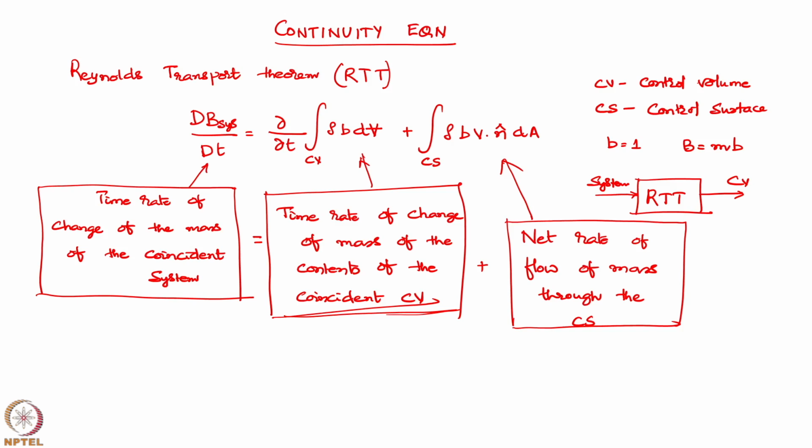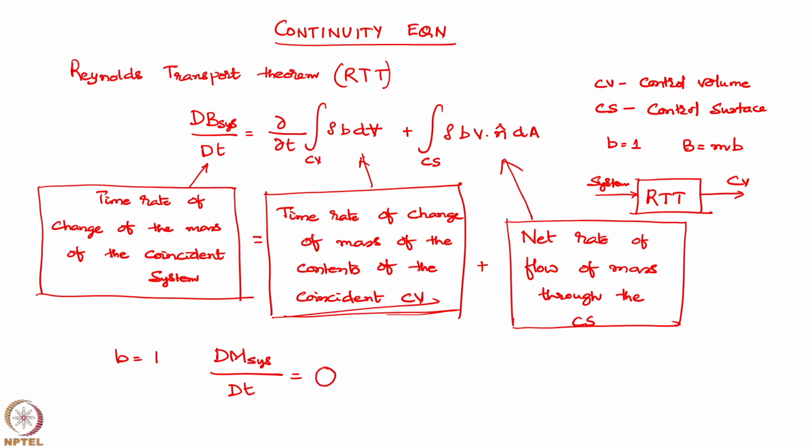So here for conservation of mass, b equals 1, and we know that dm system by dt is 0, that is, the mass of the system is conserved. That means the mass of the system does not vary with time.